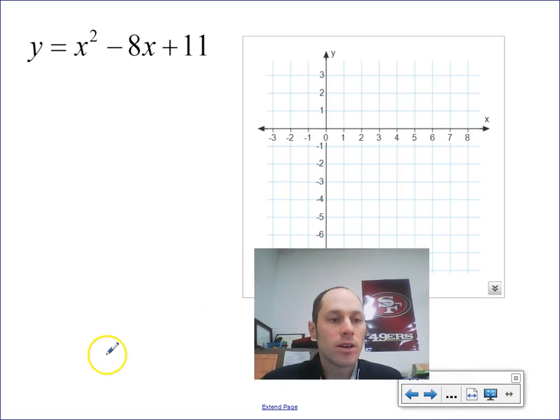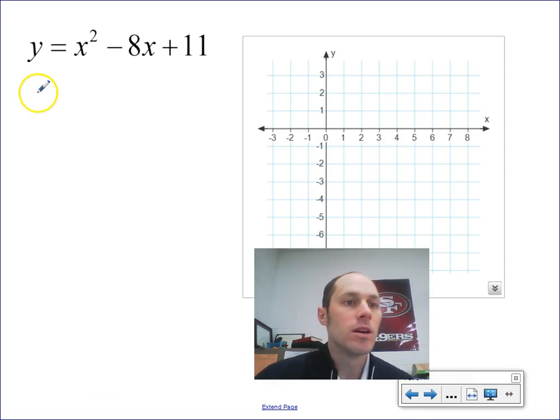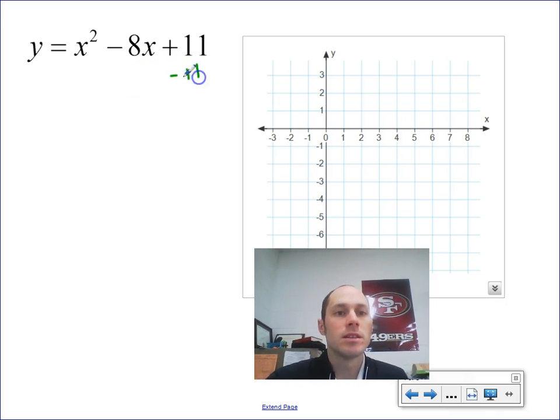All right, so let's take a look at how we can convert this one into vertex form using the complete the square method. Remember, if I want to complete the square, I want to kick out this 11 because I don't need it for now. So y minus 11 equals x squared minus 8x plus my c value.